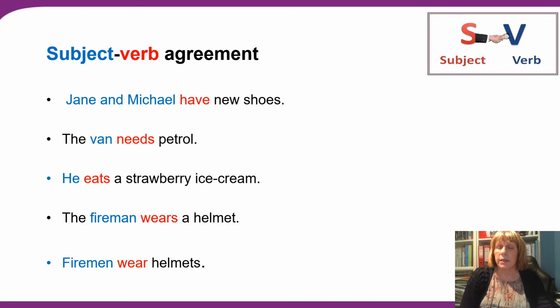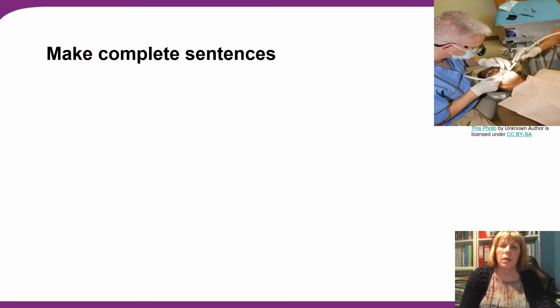A little bit easier when you're talking about a single or plural subject and you're just changing the verb need to needs or wear to wears. So making complete sentences, it does depend on how you understand the verb form, and also how you understand singular and plural subject.